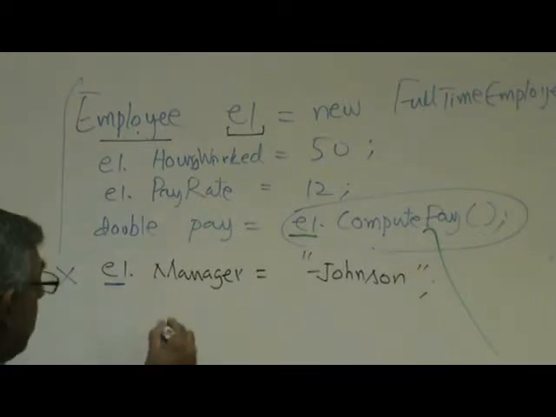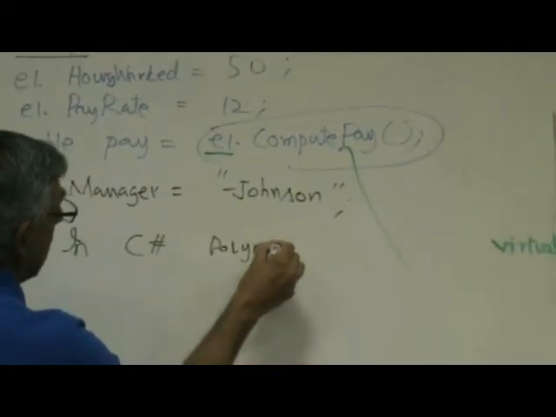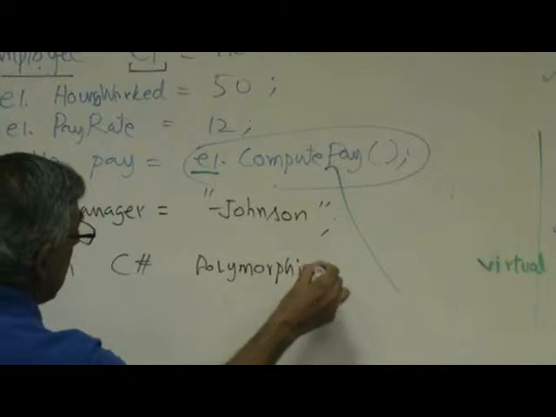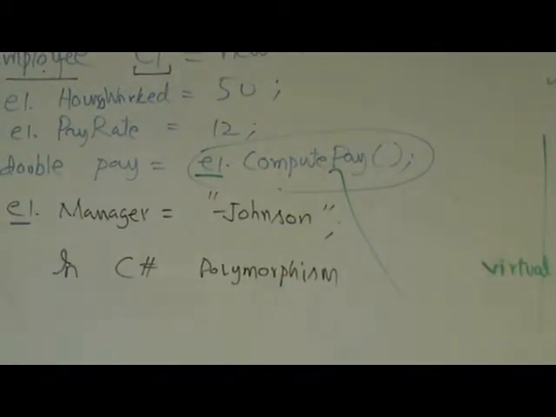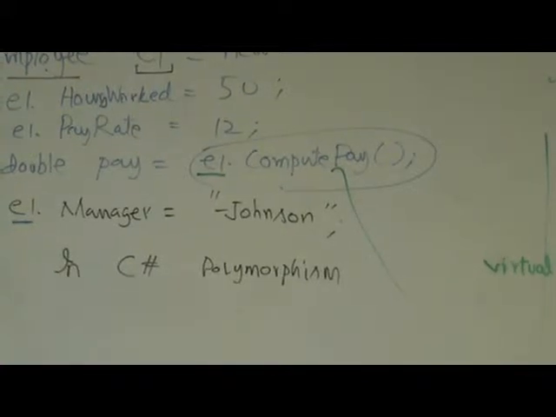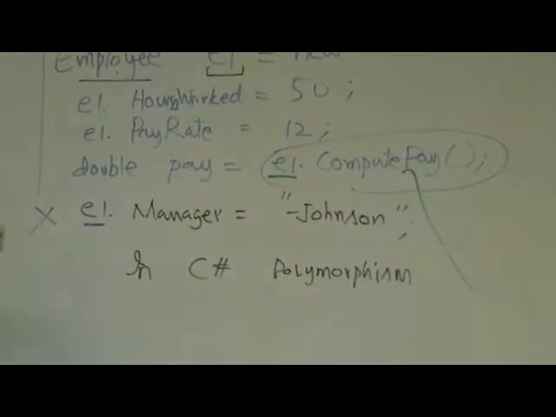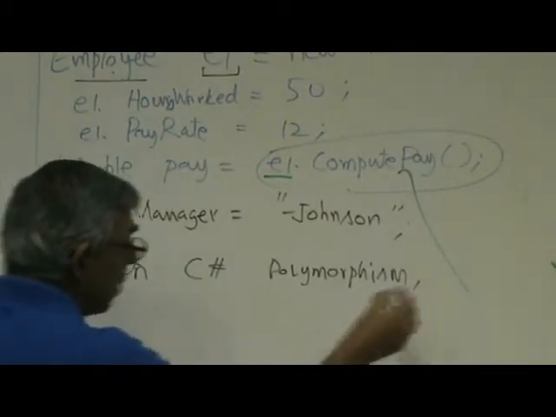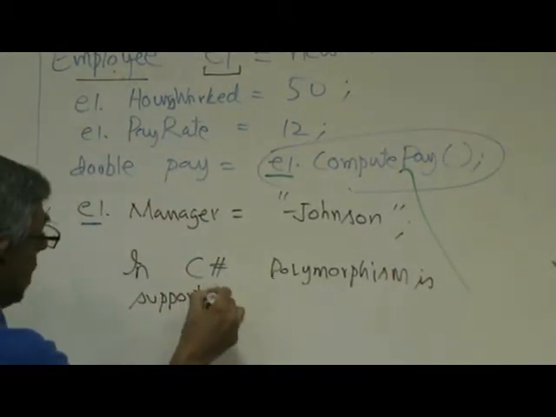So in C#, polymorphism at runtime, so that we can access a field or call a method which was added in the derived class, is supported through how many keywords?